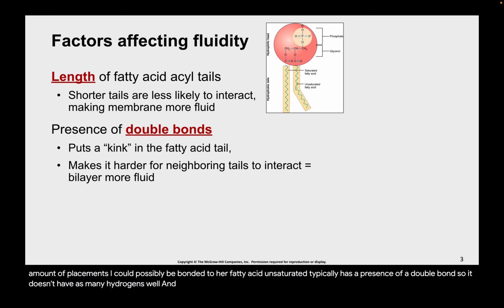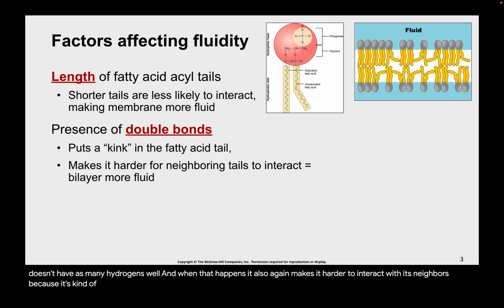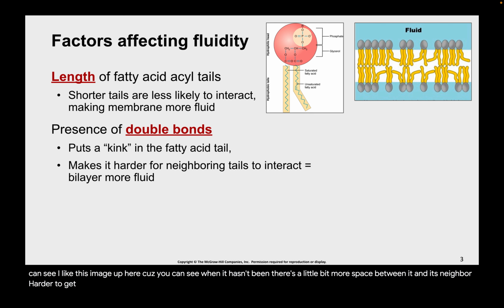And when that happens, it also, again, makes it harder to interact with its neighbors because it has that bend, right? You can see, I like this image up here, because you can see when it has this bend, there's a little bit more space between it and its neighbor. Right? So it's harder to interact, harder to get tangled up, essentially, making the membrane, once again, more fluid.